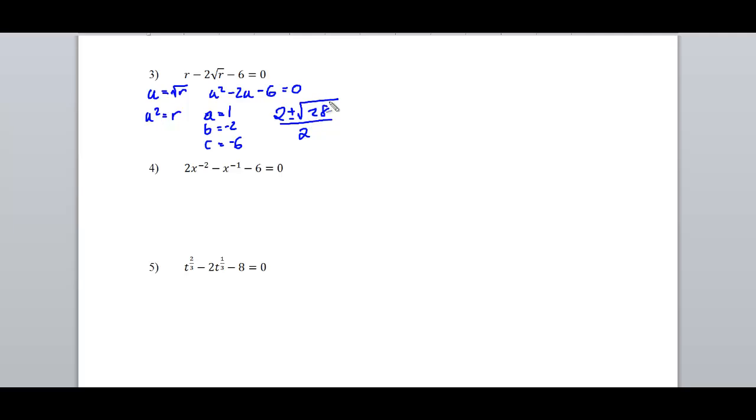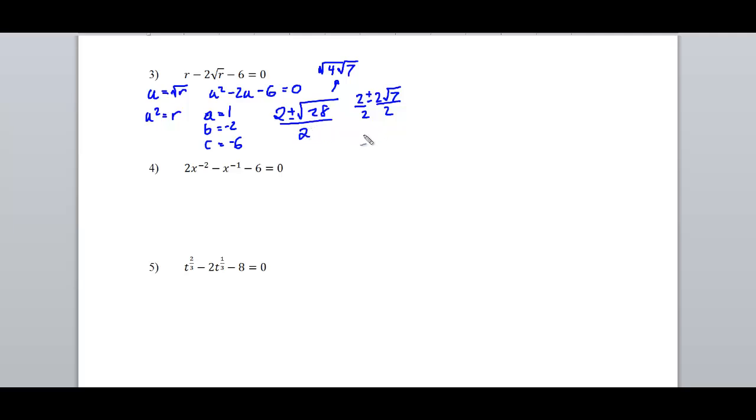So I've got to somehow simplify this square root of 28, which I can do because the square root of 28 is the same as the square root of 4 times the square root of 7. So this is 2 plus or minus 2 square roots of 7. And I'm going to divide each of these terms by 2 since 2 is a monomial.